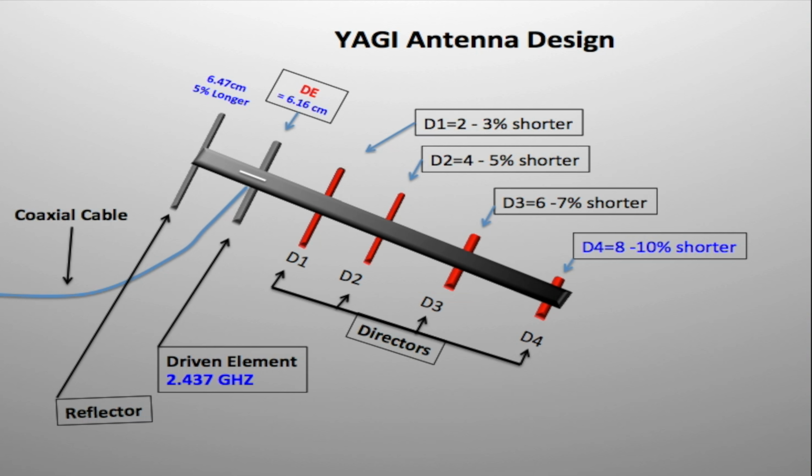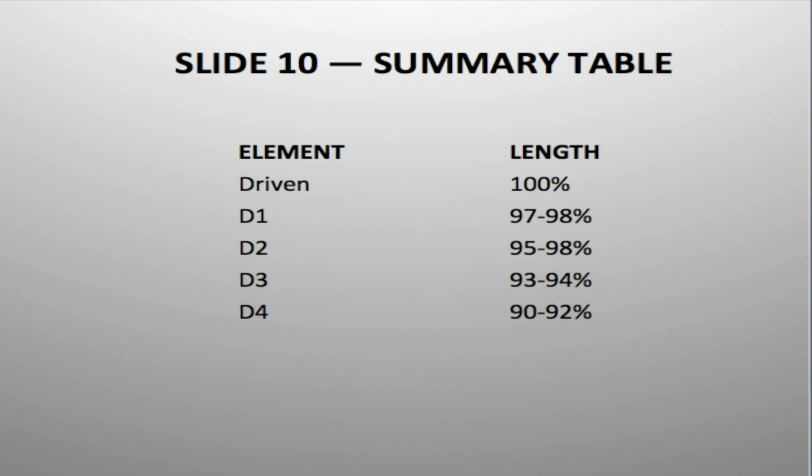Beyond this point, additional directors give diminishing returns unless spacing and element lengths are carefully optimized. This table is the heart of director design. You don't need complicated math, just controlled shortening and consistency.